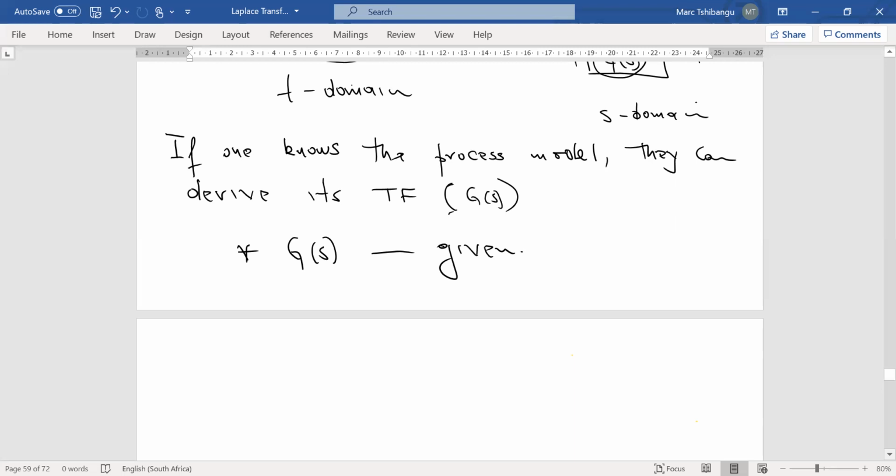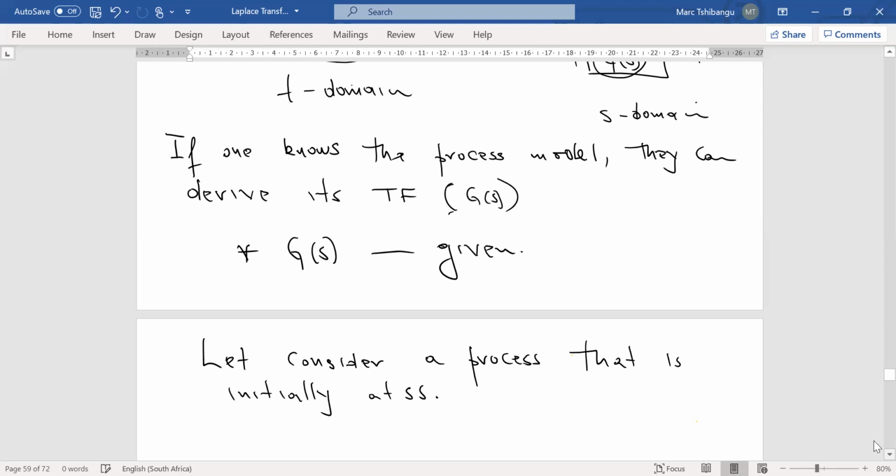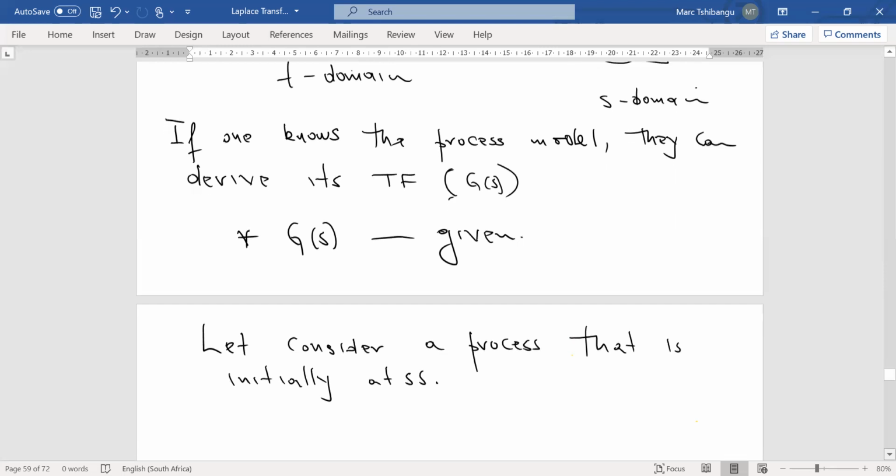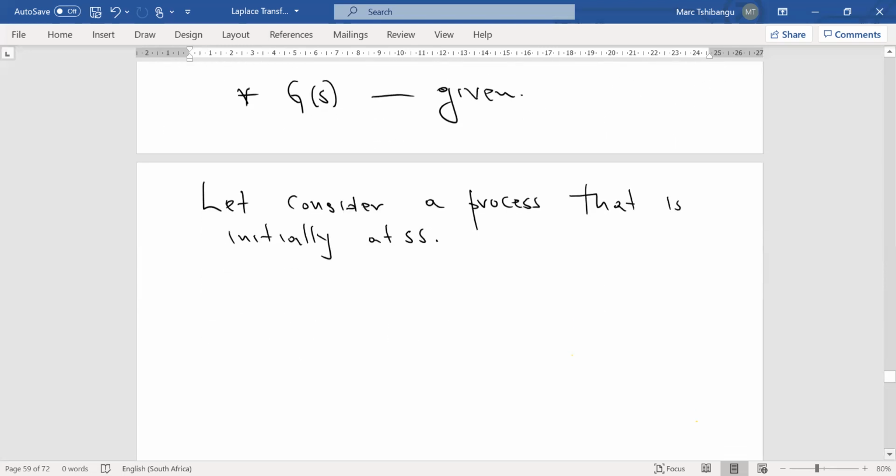Let's consider a process that is initially at steady state, and you introduce a step change in the input variable.